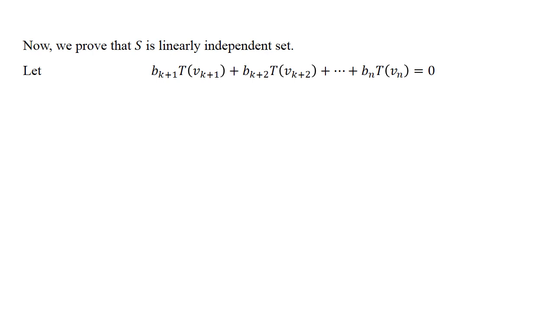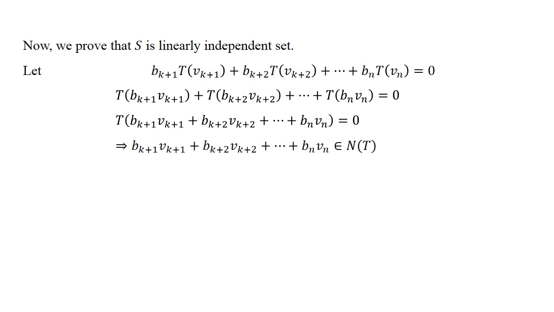Let the coefficients satisfy bk+1 T(vk+1) + bk+2 T(vk+2) + etc. + bn T(vn) = 0. Since T is a linear transformation, we can take these coefficients inside the transformation.